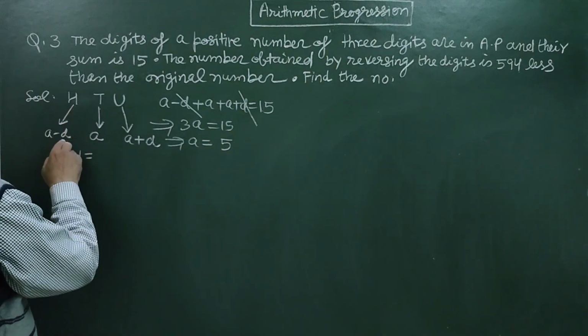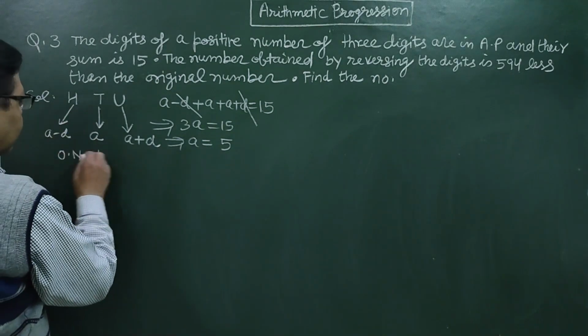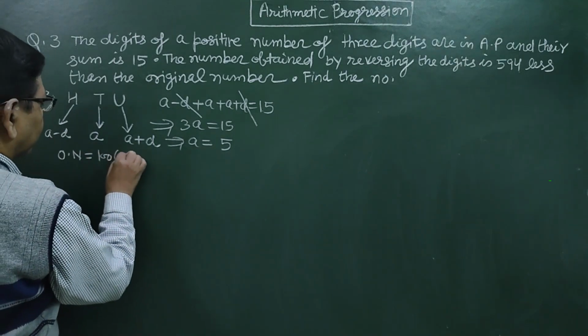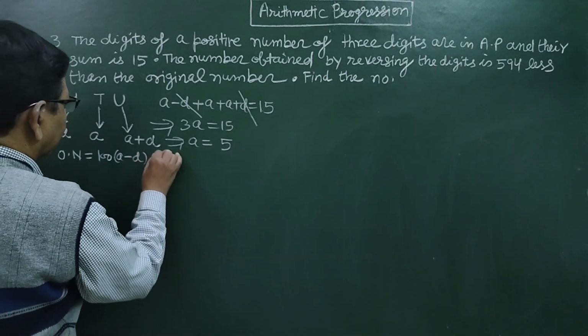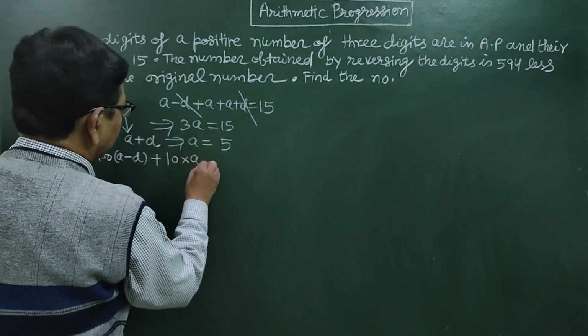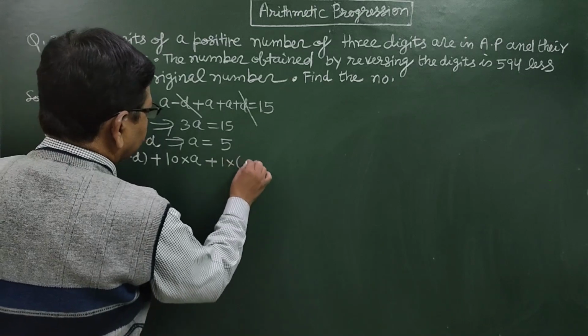Original number will be equal to the digit at hundreds place will be multiplied by 100 into a minus d, plus tens place multiplied by 10 into a, plus 1 into a plus d.